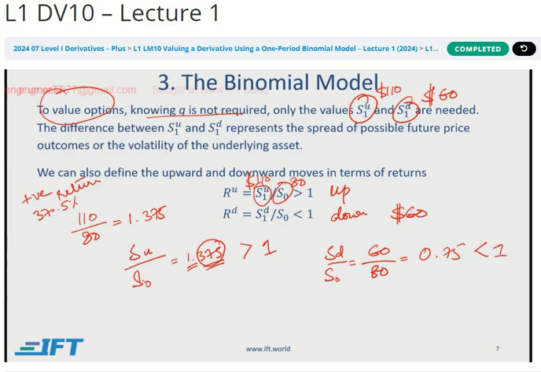This means your down return is 0.75, or you've lost 25%, and your up return is 1.375, which means you have gained 37.5%.